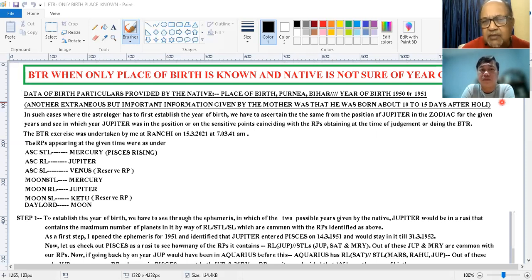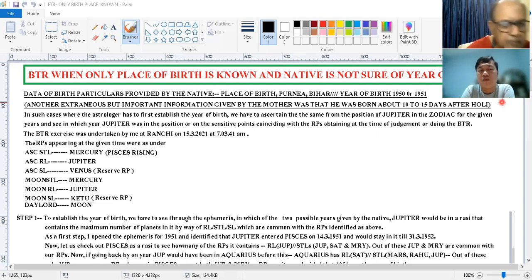If you can first establish the year, you can check through Google when Holi was celebrated that year in this place in India; it'll be almost the same in Purnia, whatever the place. So the mother said he was born about 10 to 15 days after that festival, in whichever year we establish. That is important information this gentleman has shared with us. Whatever extraneous information you get, it is to be used.